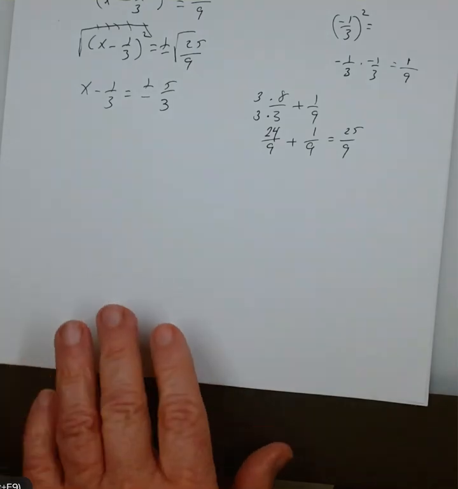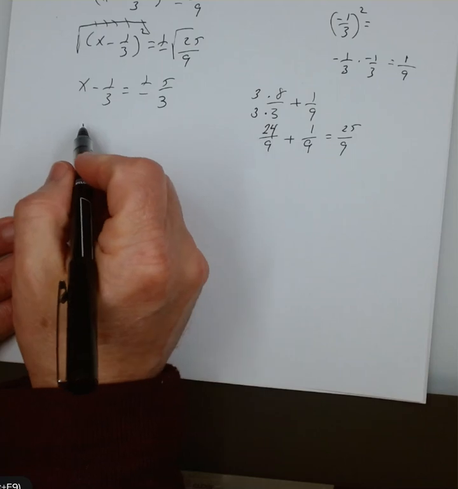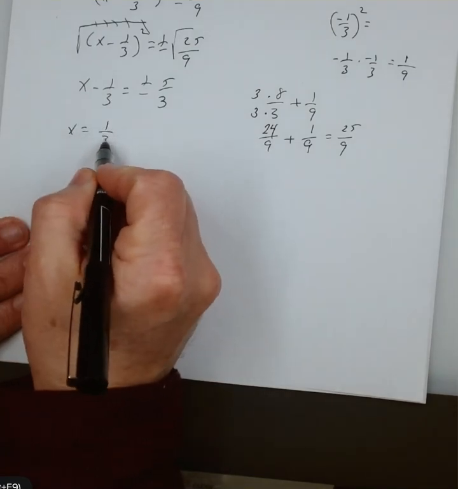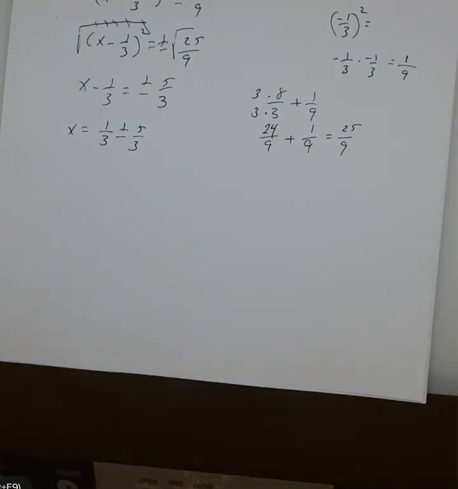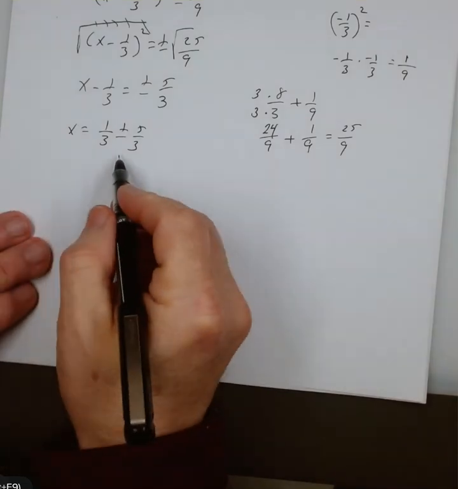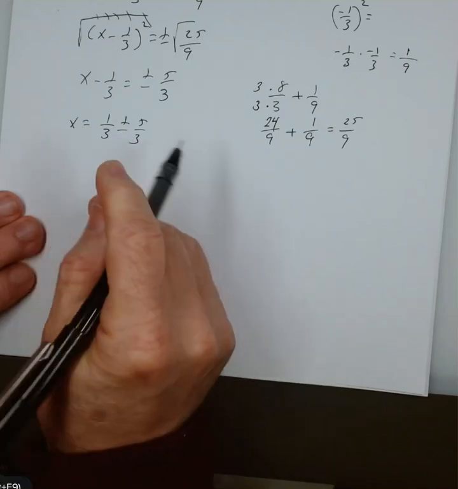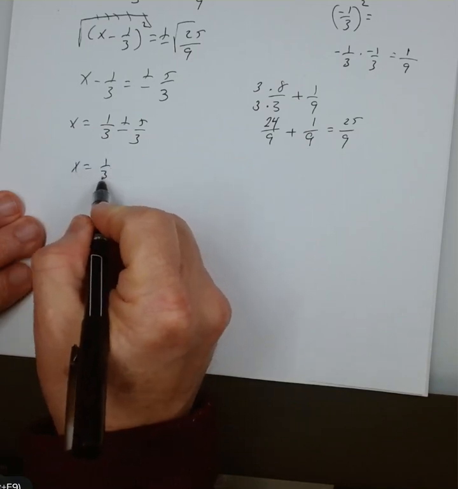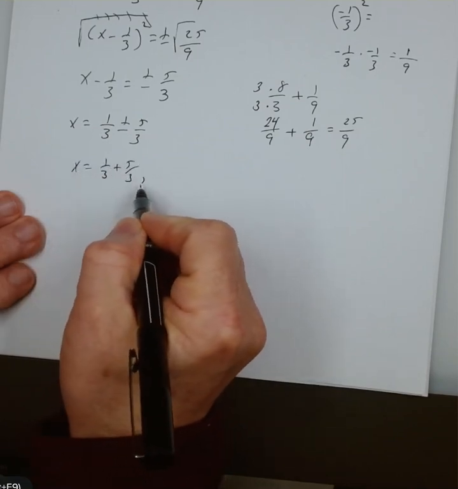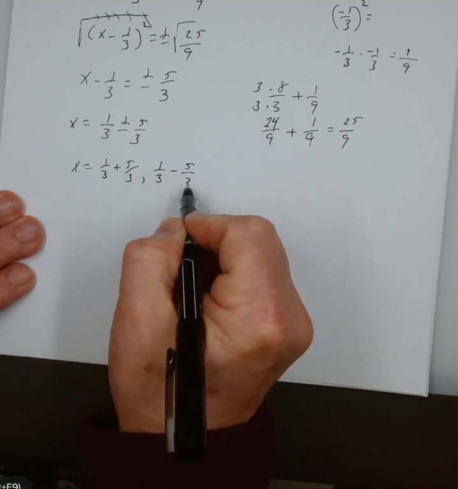All right, so let's go ahead and do that. To get x by itself, you're going to add 1/3 to both sides. So 1/3 plus or minus 5/3. Since those are rational numbers, I'm going to write it as two separate solutions. x equals 1/3 plus 5/3, comma, and what's the other? 1/3 minus 5/3.